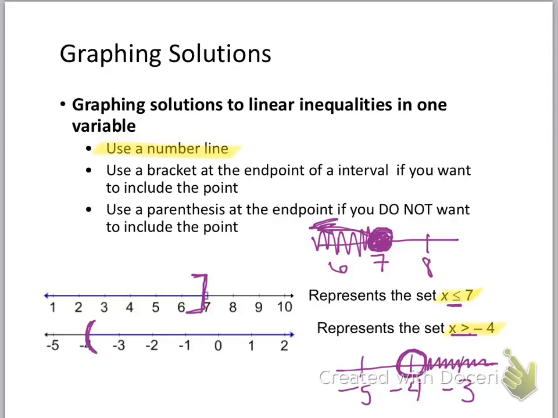Okay? So the bracket includes 7. The parentheses does not include -4. And I'll keep those reminders for you. Either way, on quizzes and tests, I will accept. You can do either method on quizzes and tests. It's My Math Lab that you will have to use this method.